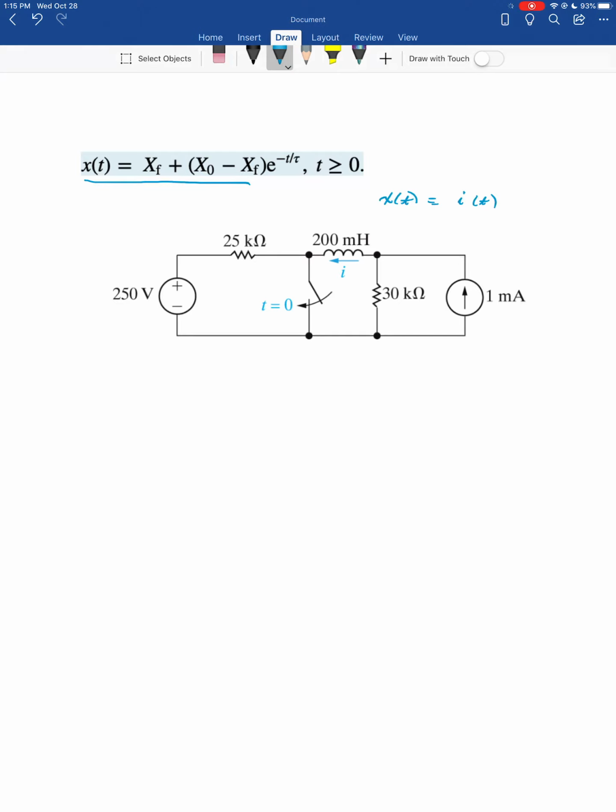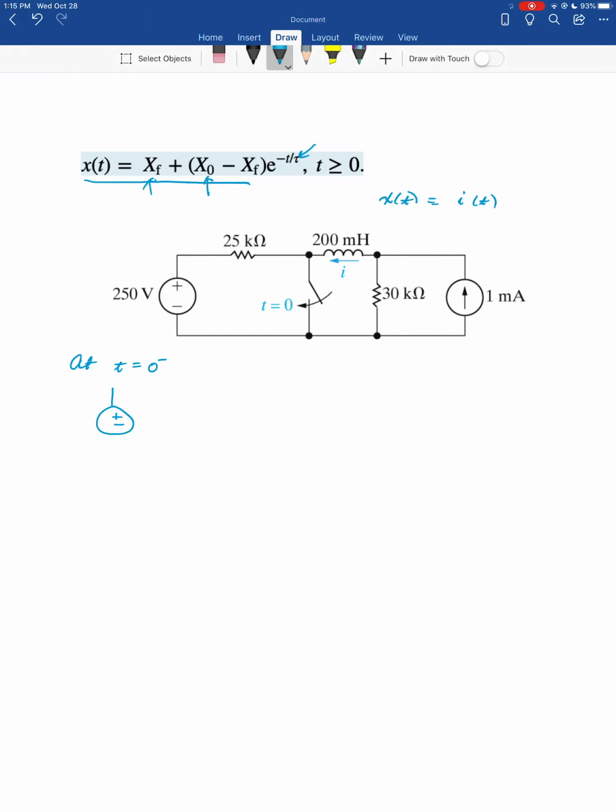And so we have a condition initially where the switch is opened, and then at t equals 0 the situation changes and the switch closes. So we need to find three things. We need to find the initial inductor current, we need to find the final inductor current, and we need to find the time constant.